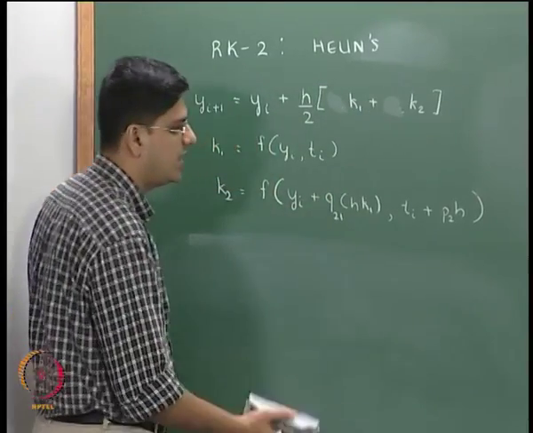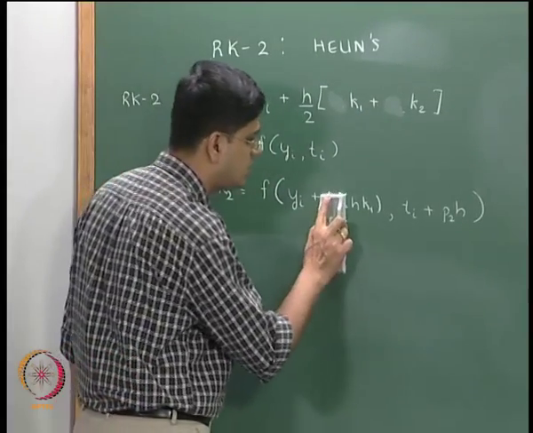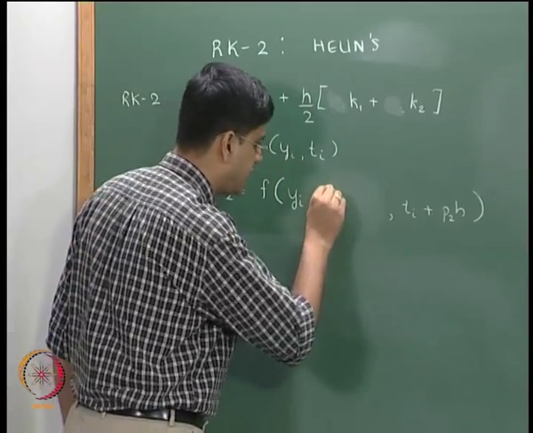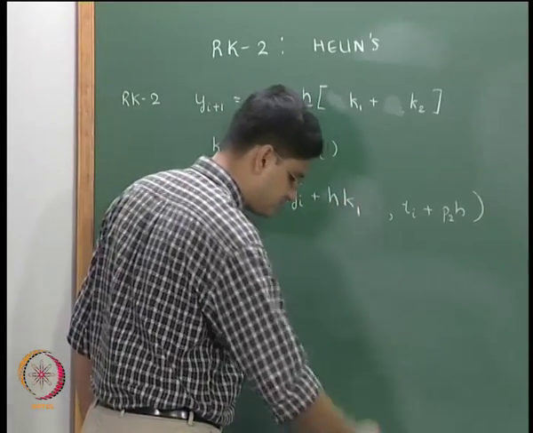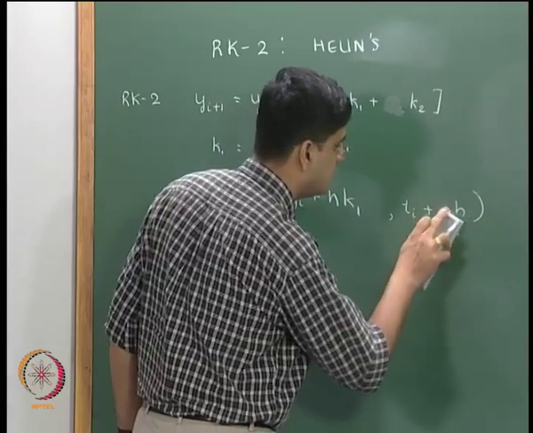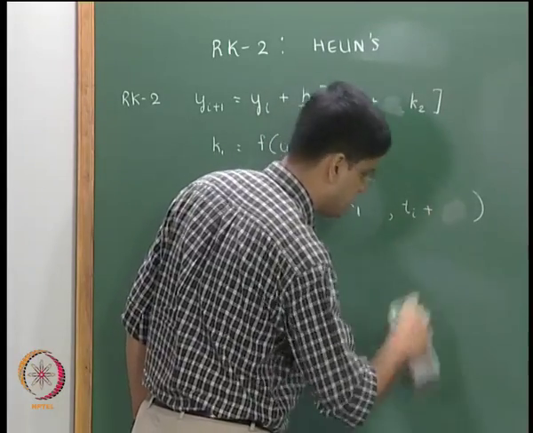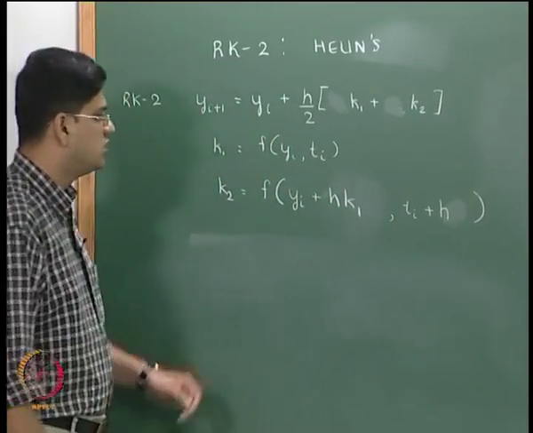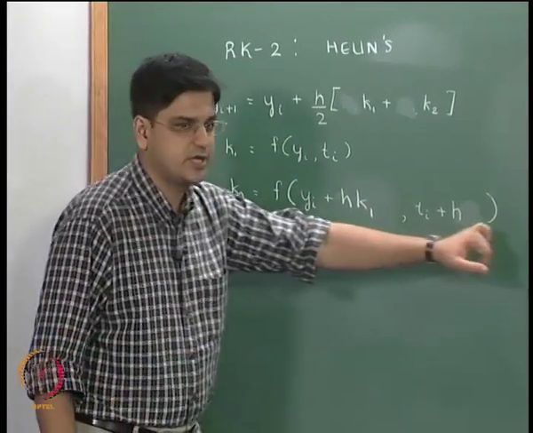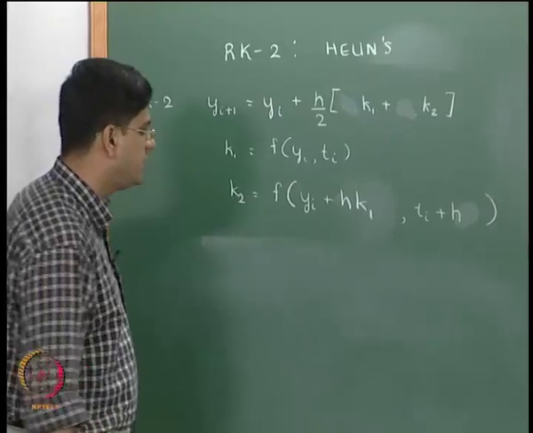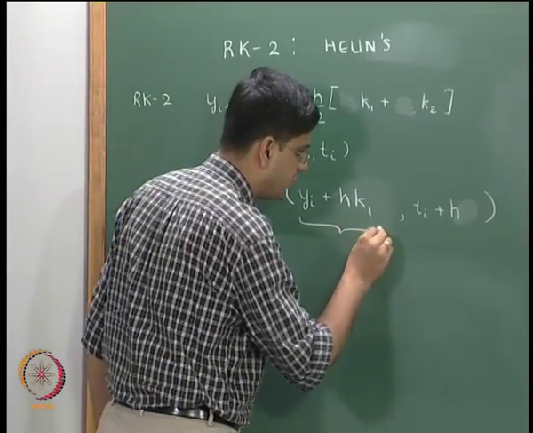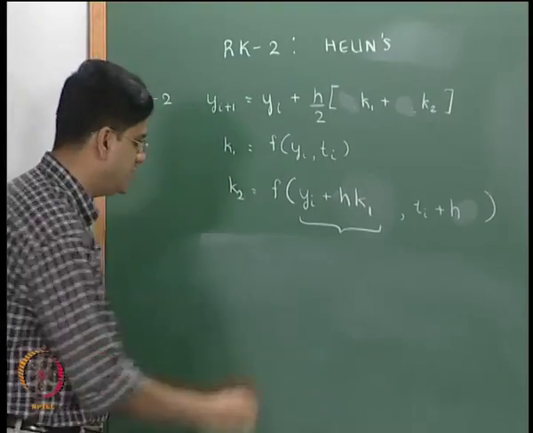Our q21 and our p2 were both equal to 1, so I will write it in that particular form: h multiplied by k1 and ti plus h over here. Okay, so this is going to be our k2. Now what we do is we call this particular term a predicted value.